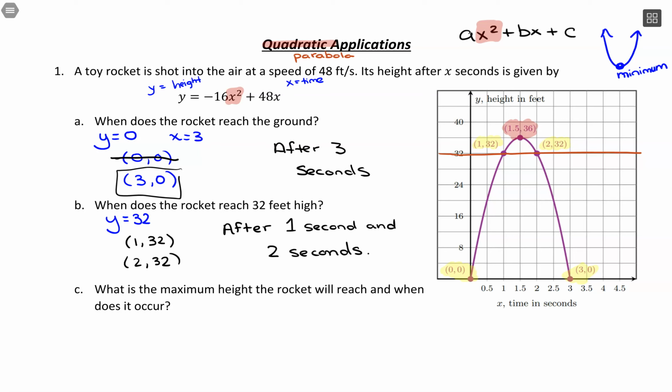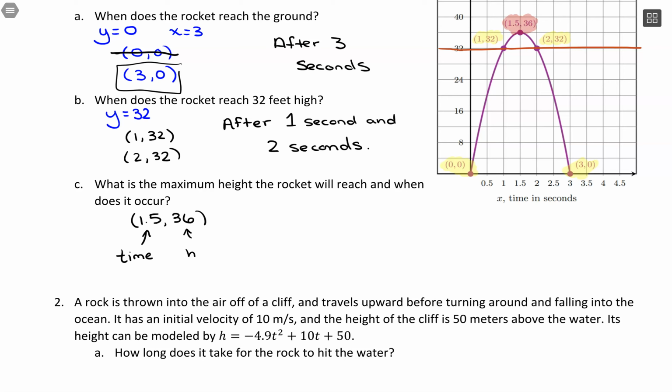So we're using this coordinate 1.5, 36. So just to keep it straight, 1.5 is representing time, where 36 is the height.